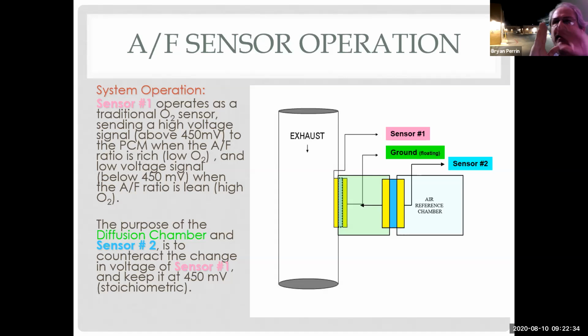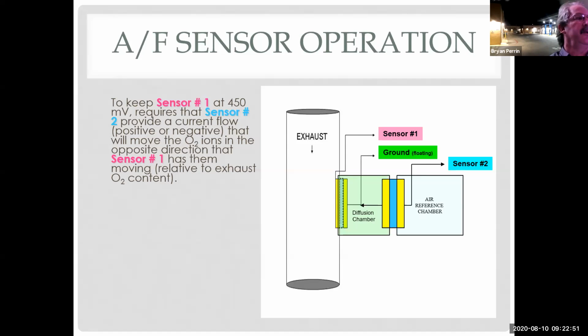So instead of measuring how far it moves, I'm measuring the amount of effort it takes to hold it in one place. And that's why it's able to see such a wider range with a zirconium sensor, is this diffusion chamber and pump cell. So to keep sensor 1 at 450 requires that sensor 2 provide current flow, positive and negative, that will move O2 ions in the opposite direction that sensor 1 has them moving in relative to exhaust content.